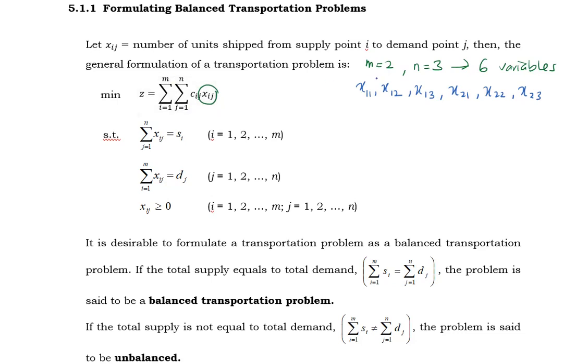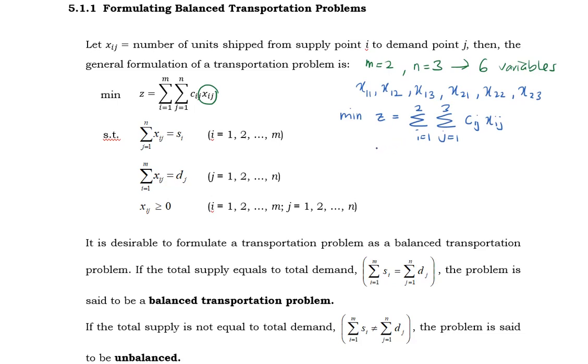For this example, the objective function will be: minimize z equals the summation of i equals 1 until 2, summation j equals 1 until 3, cij xij.